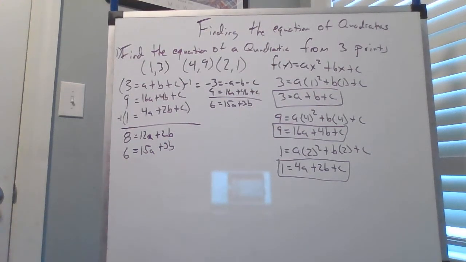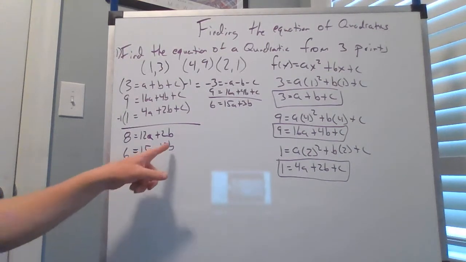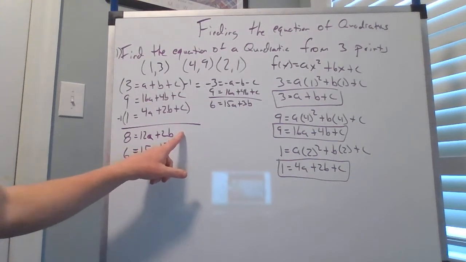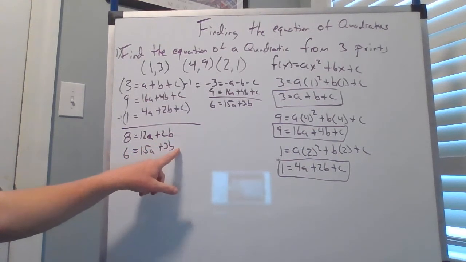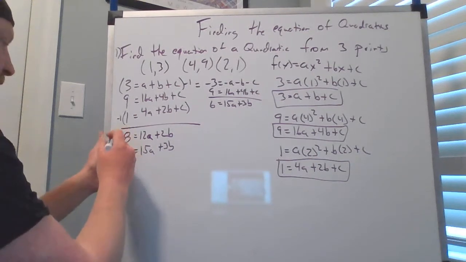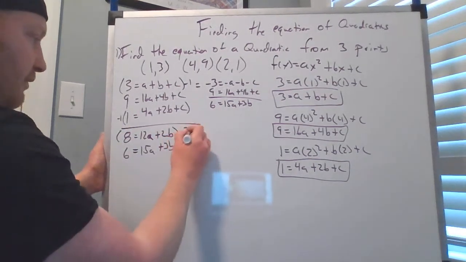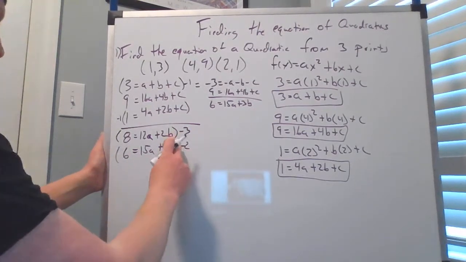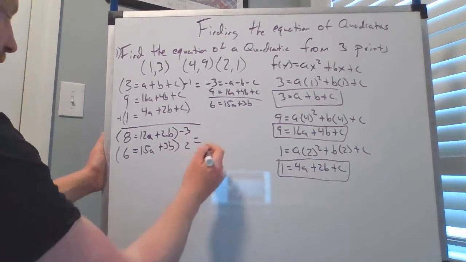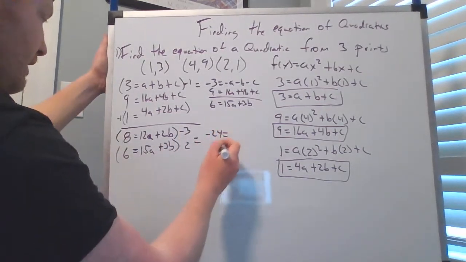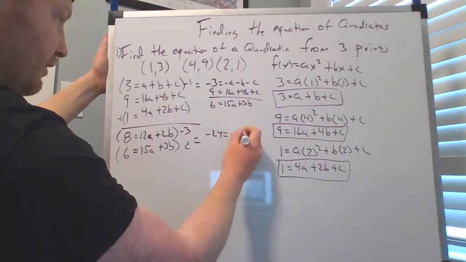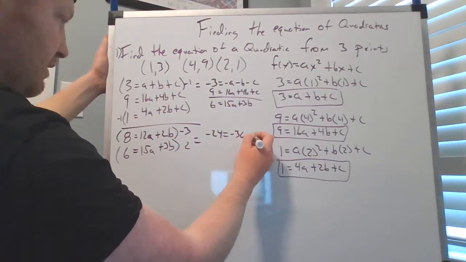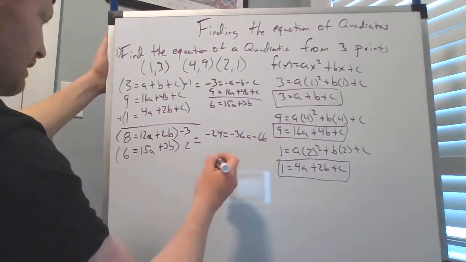So what is going to be the easiest here to cancel off? I see that it's probably best that I multiply the top by -3, the bottom by 2, so that I can cancel the b's off. So when I do that, I get -24 equals -36a minus 6b.